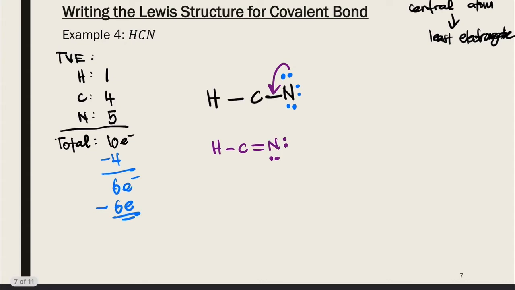We move lone pair from the terminal atoms to form another bond. And then when we draw the new Lewis structure, we can get like that. And we check again for carbon as central atom. And this time carbon is already achieving octet. So this is the Lewis structure for HCN.